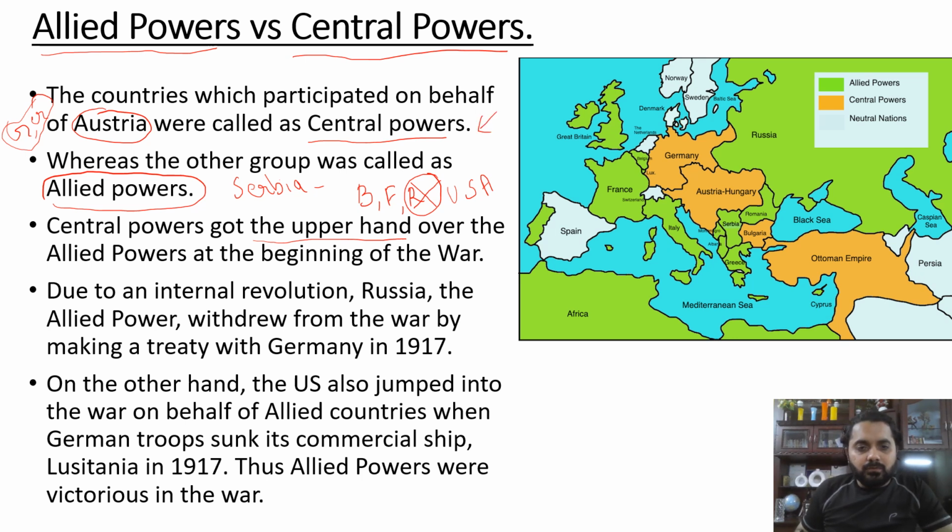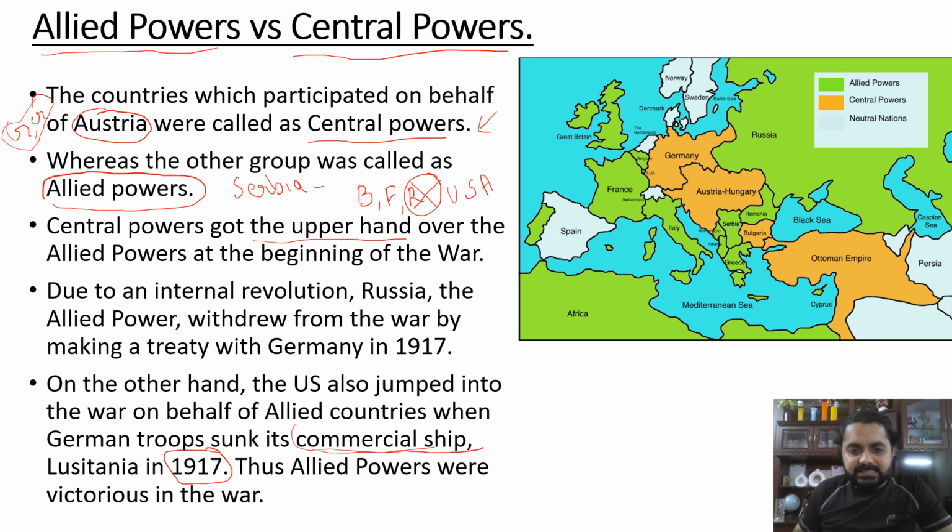The German troops sunk the USA's commercial ship near Lusitania. So what were the German troops doing? The German troops were causing a lot of losses to America. In one incident, German troops also sunk one of the USA's commercial ships.